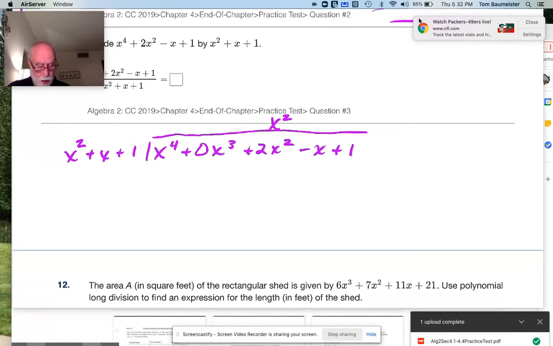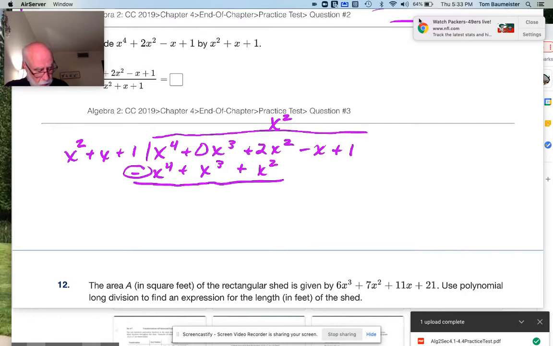Okay? So now I'm just going to multiply each term. So x squared times x squared is x to the 4th. X squared times x is x cubed. X squared times 1 is equal to x squared, and that one is positive. Remember, when I'm doing long division, just like we did with numbers, I am subtracting them because that makes them go away.